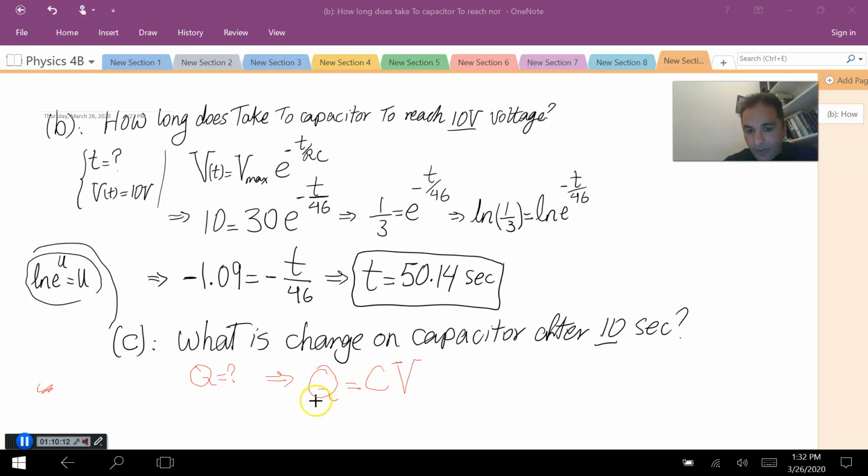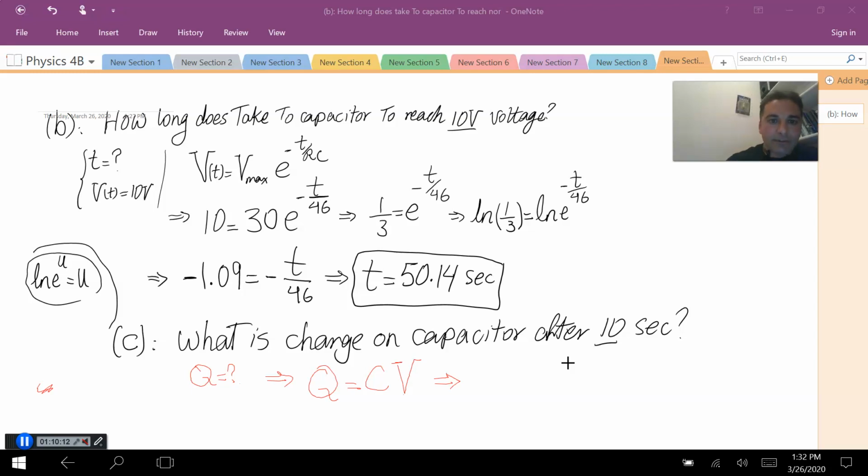You want to find charge after 10 seconds. You already have voltage after 10 seconds. I'm sorry. What is the charge on the capacitor after 10 seconds?